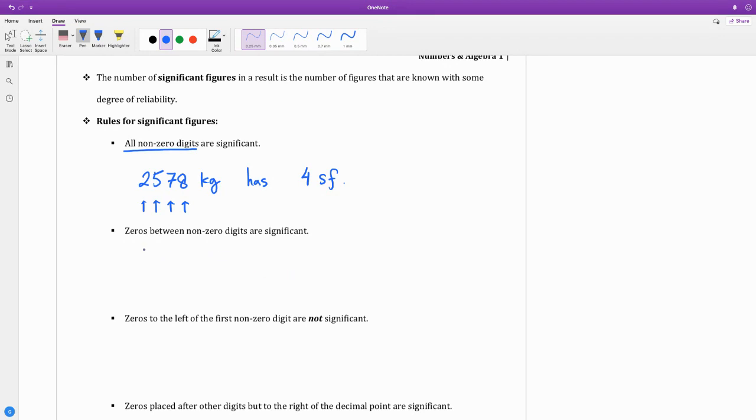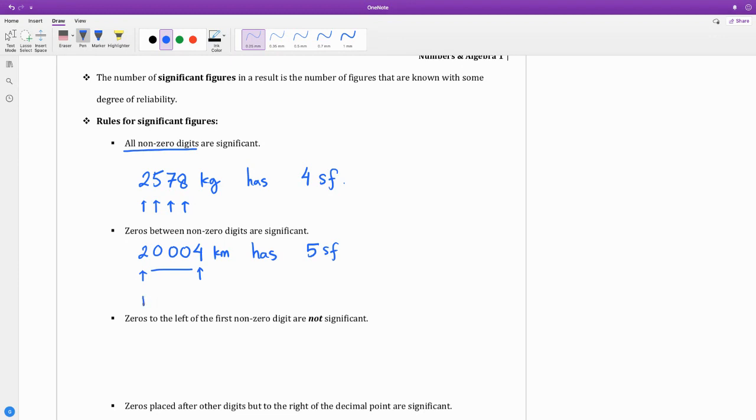The example, we have 20,004 kilometers. This has 5 significant figures because the zeros in between the non-zeros are significant.